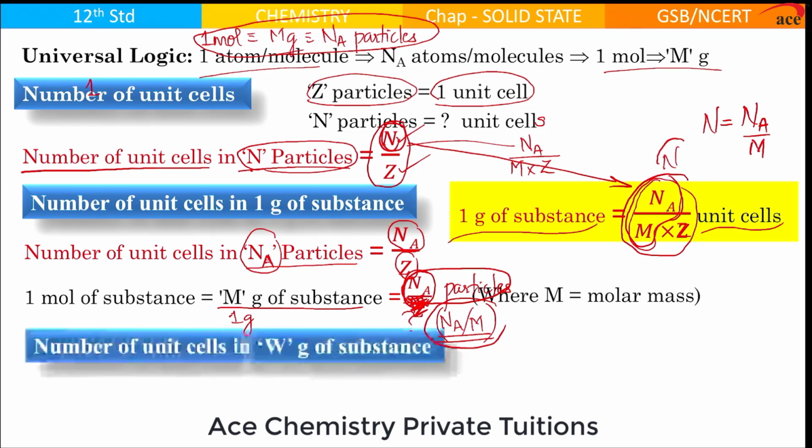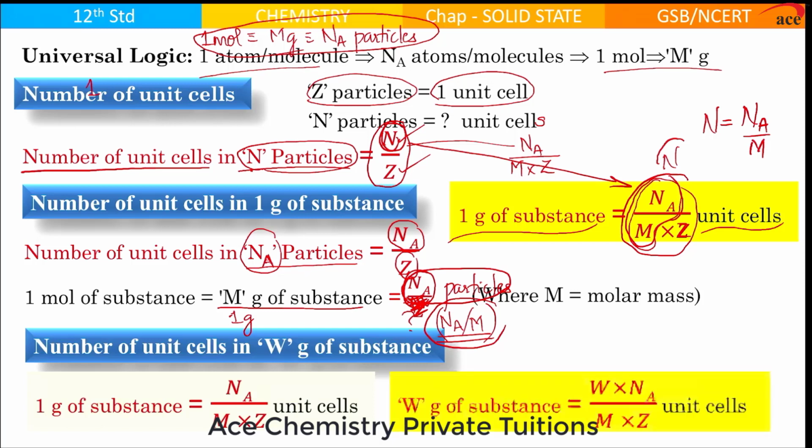Number of unit cells in W gram. If 1 gram of substance has Na/(M×Z), then W gram of the substance will have W×Na/(M×Z). So, this is the number of unit cells: W, that is mass of the substance, multiplied by Na, that is Avogadro number, divided by M×Z.